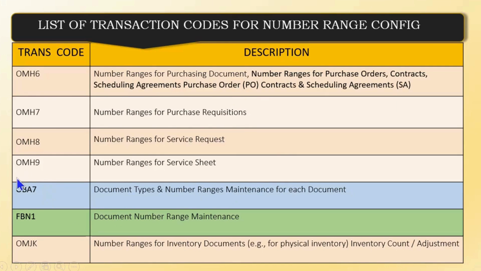The most important out of all these, I am picking up OBA7 and FBN1. We will be taking these two transaction codes and will perform our real-time transactions, and we'll see how the system will perform. Move on to the next slide.